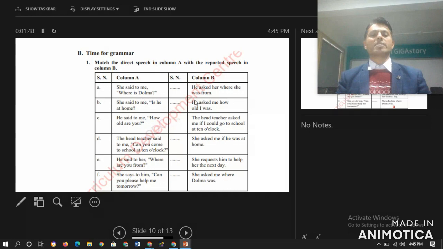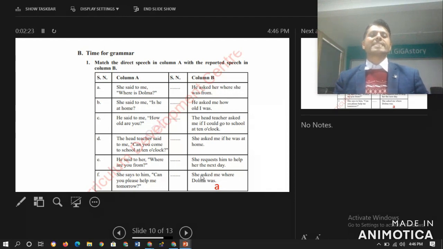Look at this column: she asked me where Dolma was. Said to becomes asked if there is a question mark, and is changes into was. So this is the answer of number A.